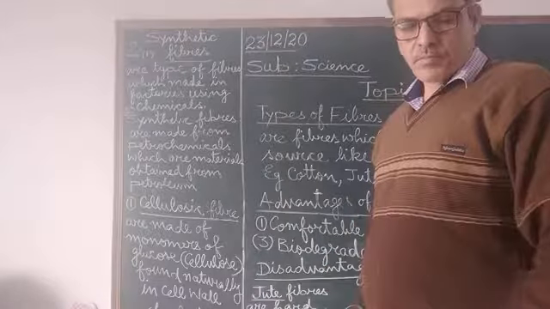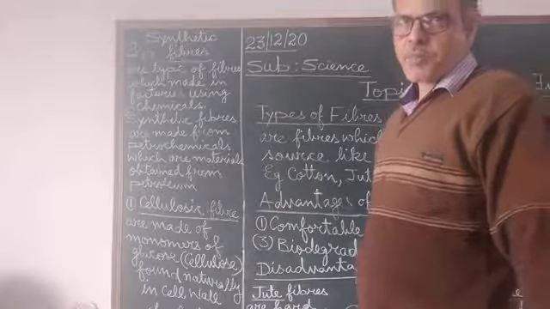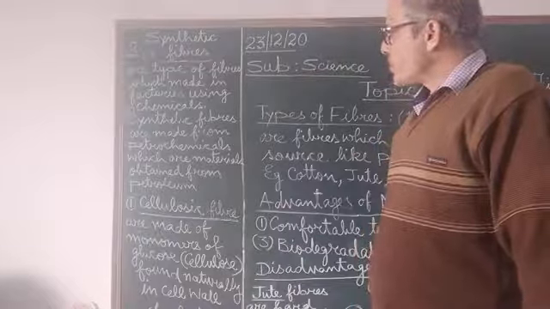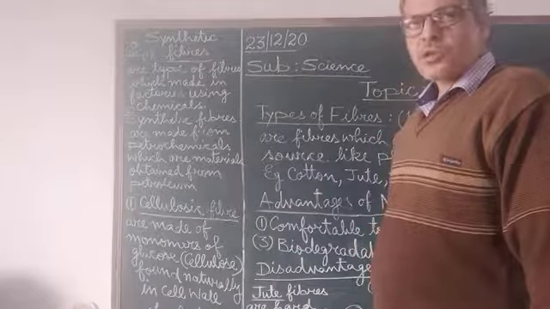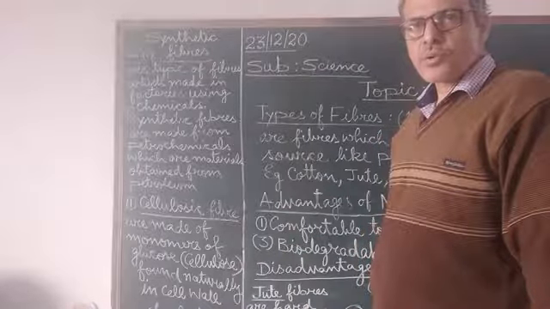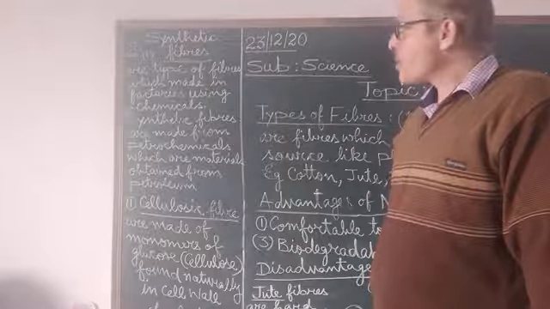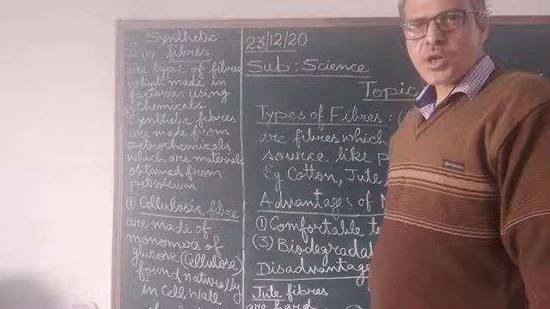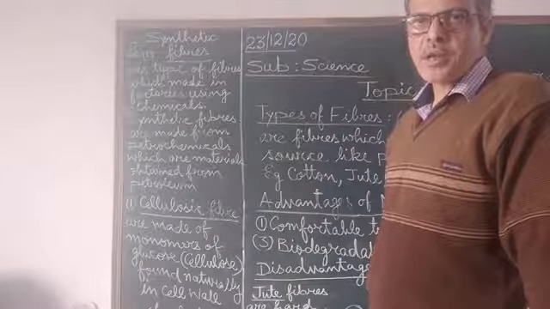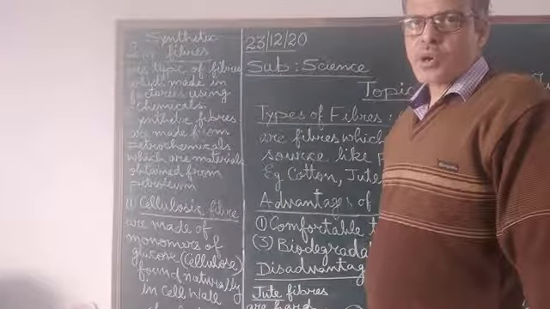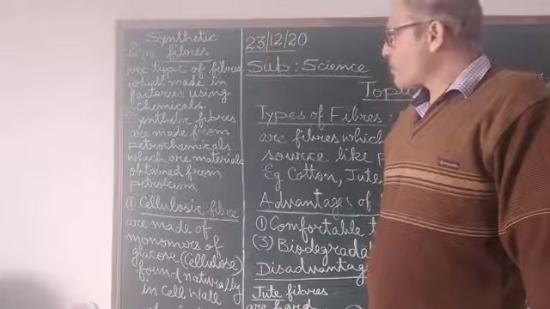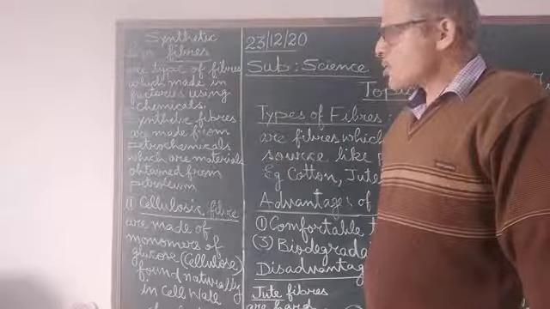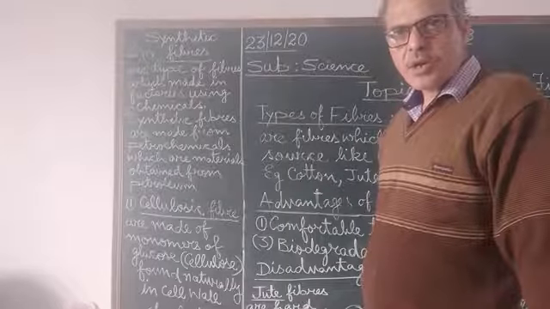They are mainly made up of chemicals in the laboratories. Besides this, the second important point which you should remember about these synthetic fibers is that they are mainly made from petrochemicals, that is some materials which are obtained from petroleum or crude oil.